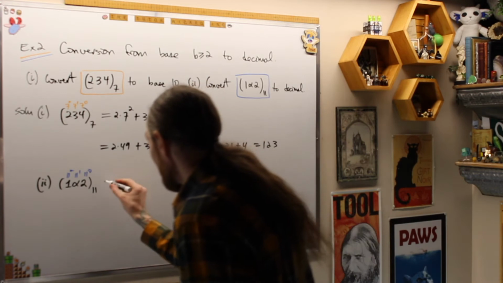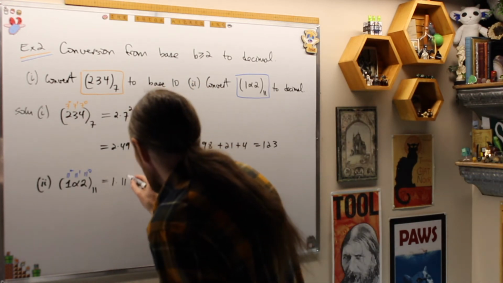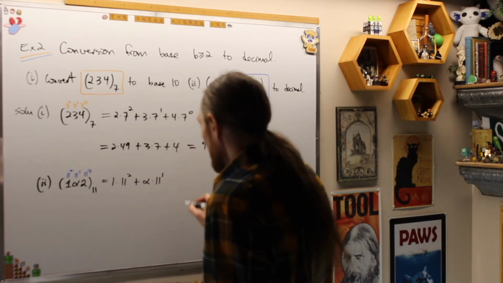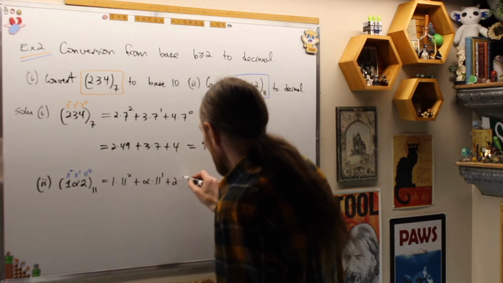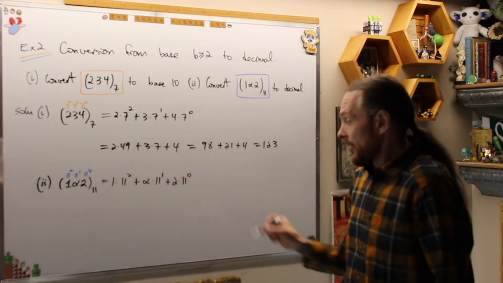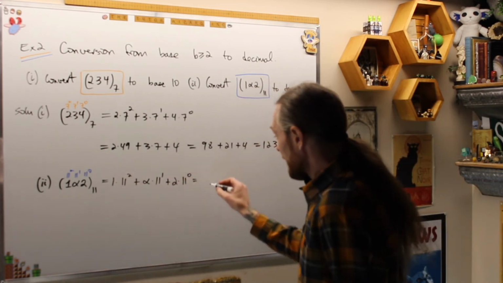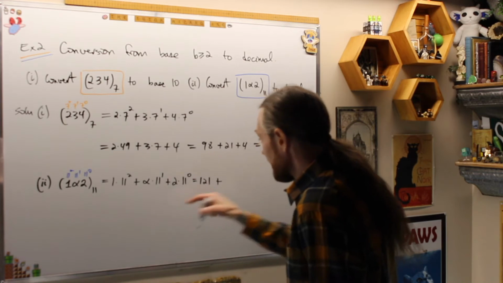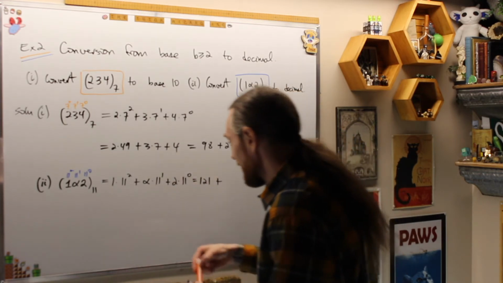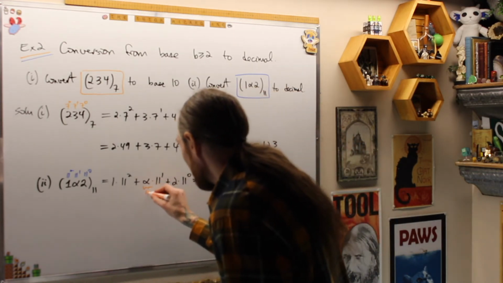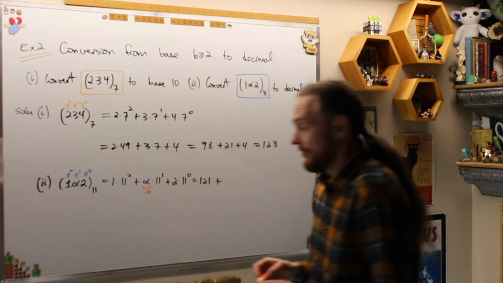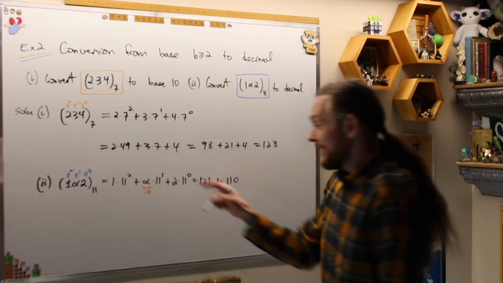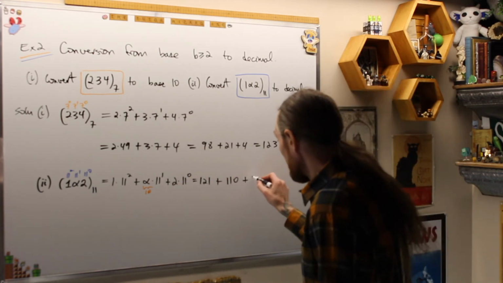So this is equal to 1 times 11 squared by definition plus alpha times 11 to the 1 plus 2 times 11 to the 0, which is now equal to 11 squared, which is 11 times 11, which is 121, plus 10. This is now a 10, remember, in base 10. And then 10 times 11 is 110, and then plus 2.